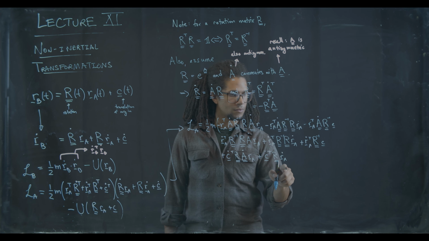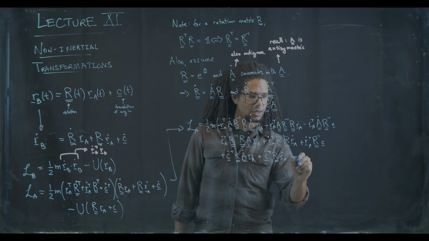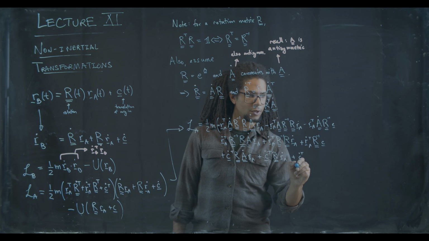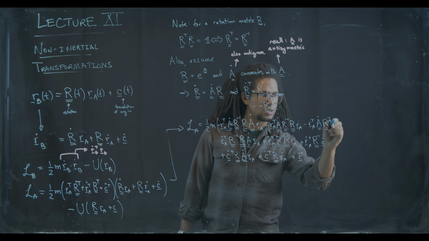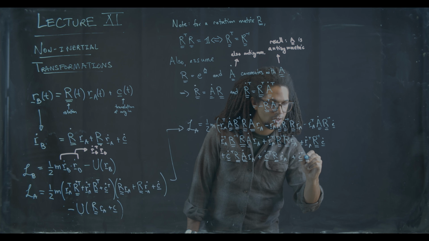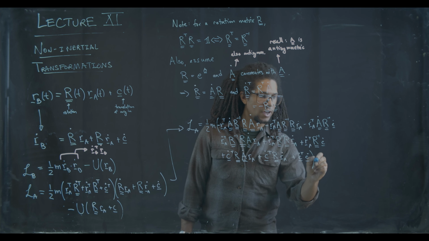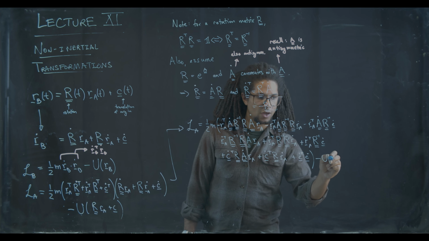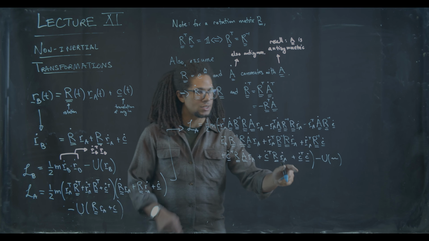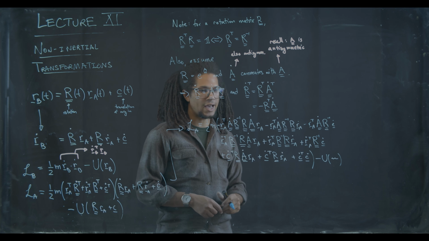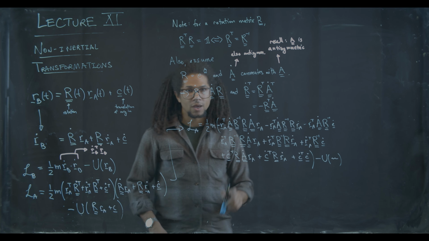Good. And lastly, C dot transpose C. And these should have been C dots. Apologize for that. C dot. Great. And then minus U of what's down here. I'm not even going to write it out just because this is going to take up enough space as it is. All right.